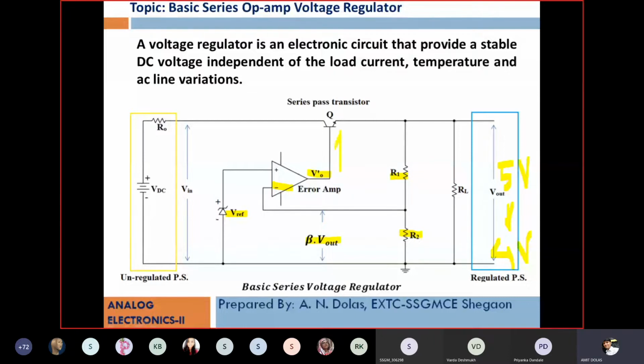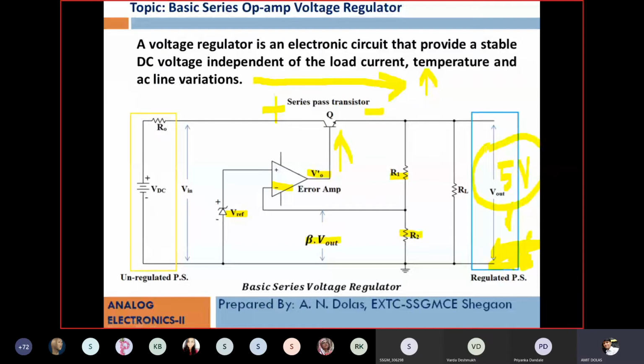That's why the base current of the transistor increases. As the base current of the transistor increases, the collector current of the transistor also increases. And as the collector current increases, the drop across the transistor, which is nothing but VCE, decreases. As this drop is decreasing, the same will be reflected in the output, and anyhow the output will remain constant.